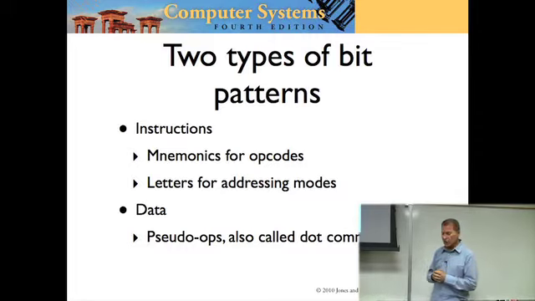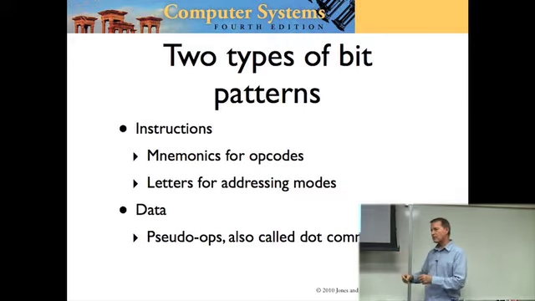All right, so now that's the idea. What happened was the programmers would program in assembly language using mnemonics and letters, or some other notation, for the addressing modes, and they would use pseudo-ops for the data.